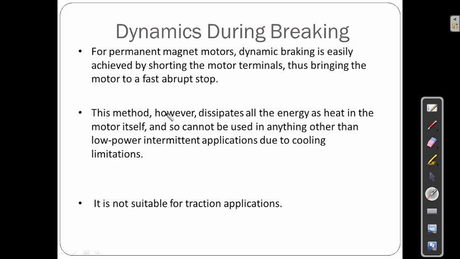The main thing is that this method dissipates all the energy as heat in the motor itself.